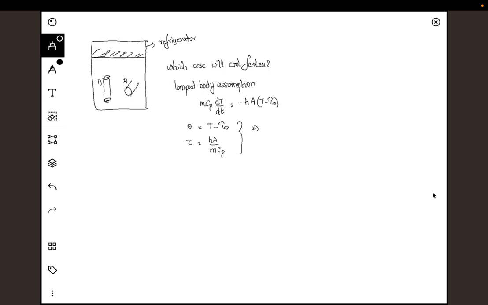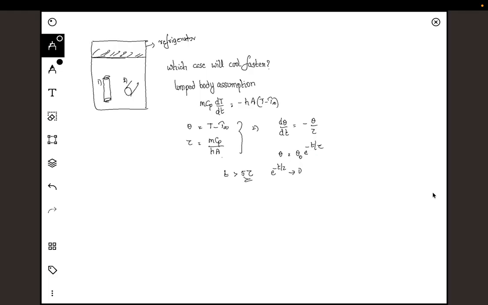With these two relations, I can write this as d theta by dt is minus theta by tau. If I define like this, then the solution for this is theta equals theta naught e power minus t by tau, and the expression will fall off if t is greater than 5 times tau. Then basically e power minus t by tau will be close to 0, and I can neglect this term.